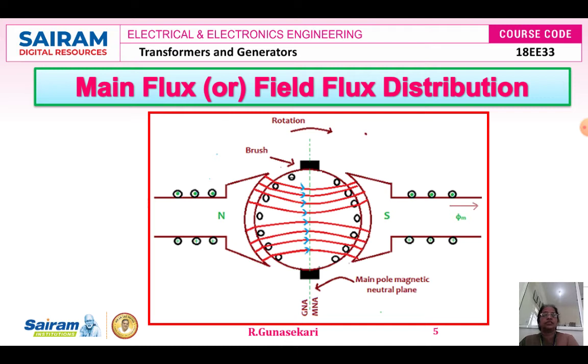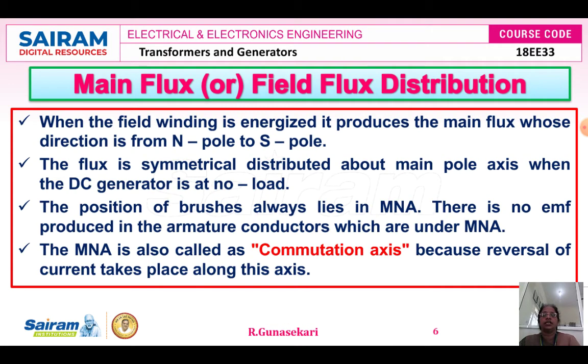So the main flux or the field flux passes from north pole to south pole. Now you can see the important key points. The main winding or the field winding is energized, which produces the flux whose direction is from north pole to south pole.